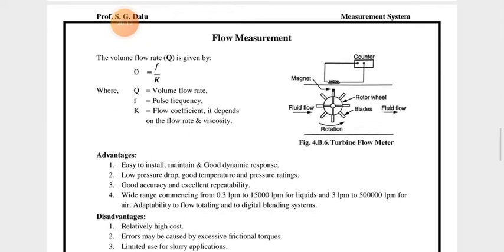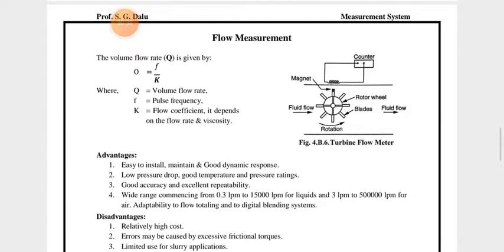So the volume flow rate is given by Q = F/K, where Q is the volume flow rate, F is the pulse frequency, and K is the flow coefficient. K depends on the flow rate and viscosity.